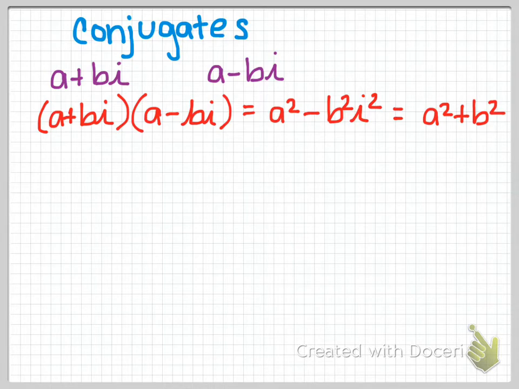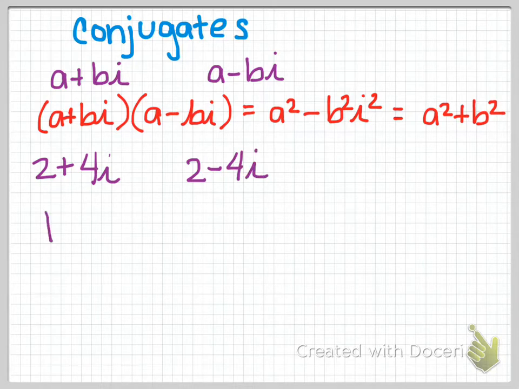Let's do some more examples of conjugates. So if we have 2 plus 4i, what's the conjugate? 2 minus 4i. If we have 1 minus i, then what's the conjugate? It's the opposite sign in the middle, so 1 plus i is the conjugate.